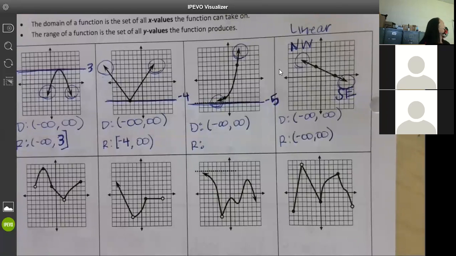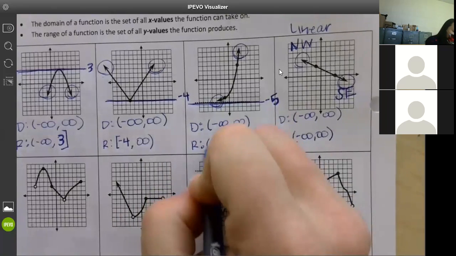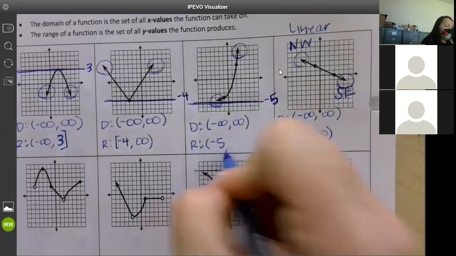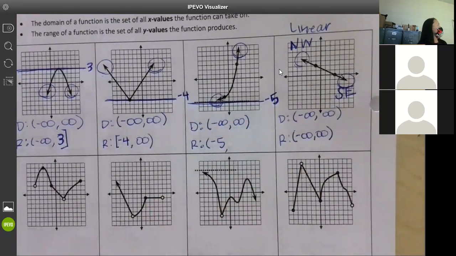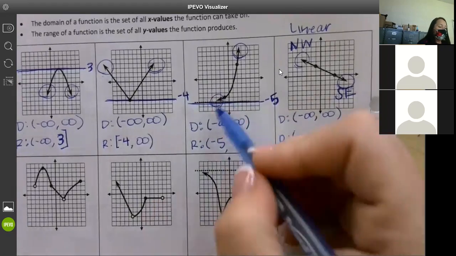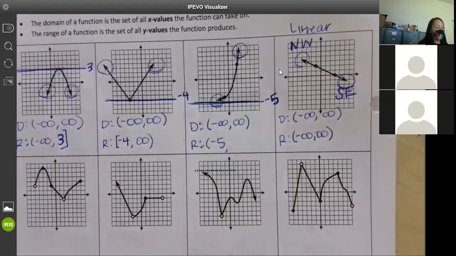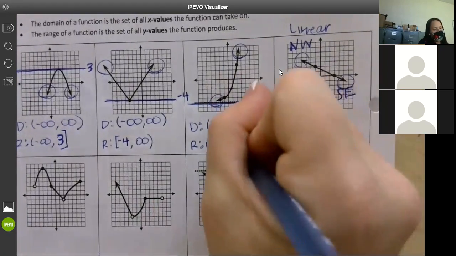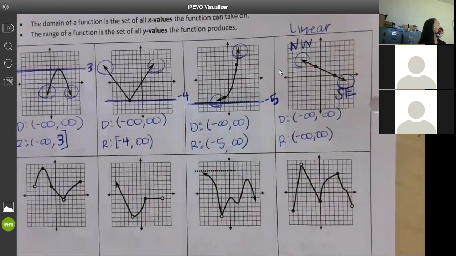So -5 is not included in the graph. How do we show that it's not included? We just use a parenthesis. So anything not included uses a parenthesis. Negative and positive infinities use parentheses. Then how high does it go? Forever. There you go.